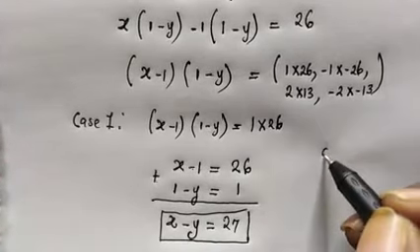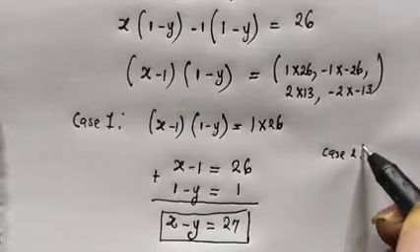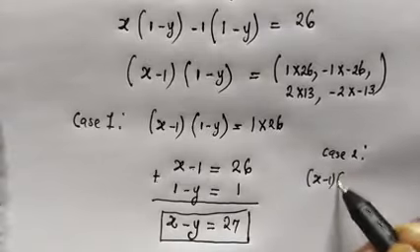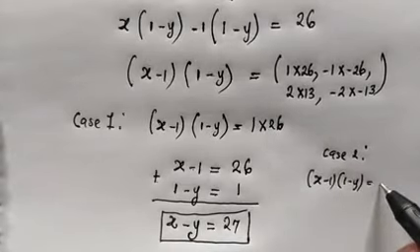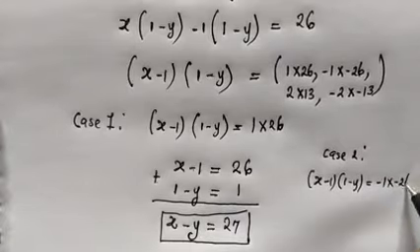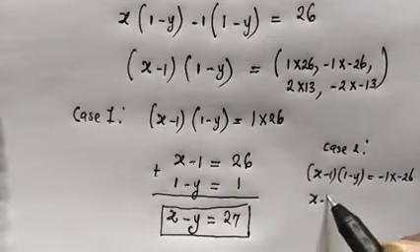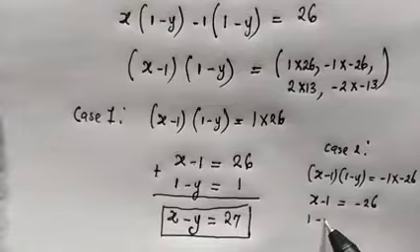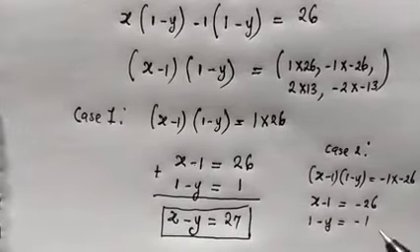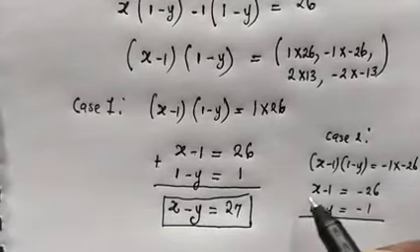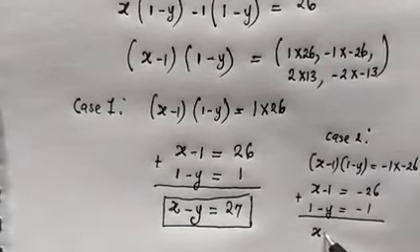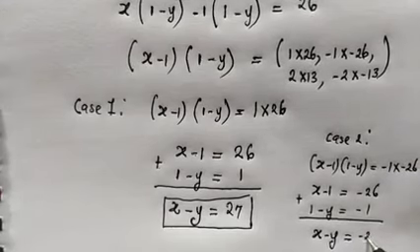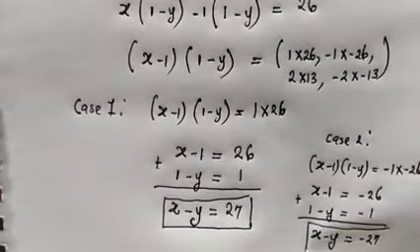Now let us consider case 2 right over here, since we don't have enough space. In our case 2, this is where x minus 1 times 1 minus y is equal to -1 times -26. And if we compare this as x minus 1 equals -26, 1 minus y is equal to -1. If you add both equations once again, you have x minus y is equal to -26 plus -1, which will give us -27.